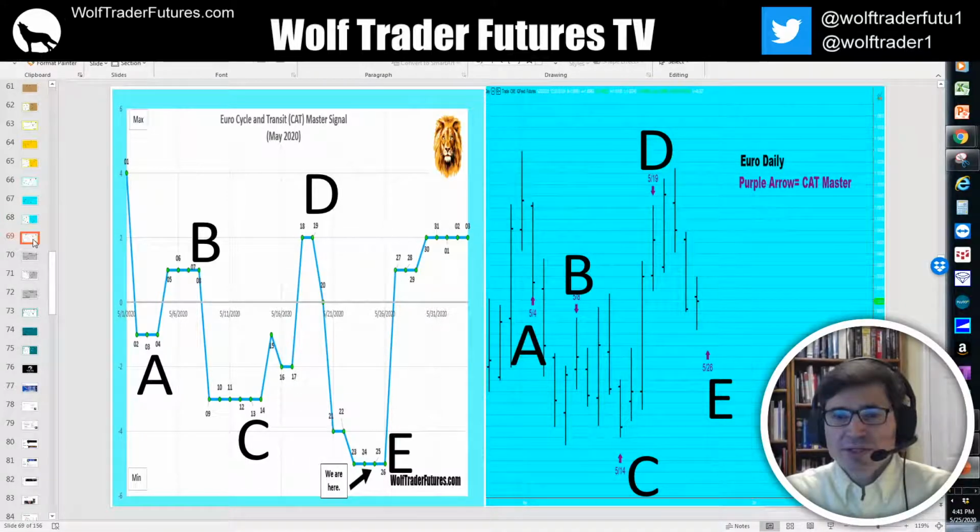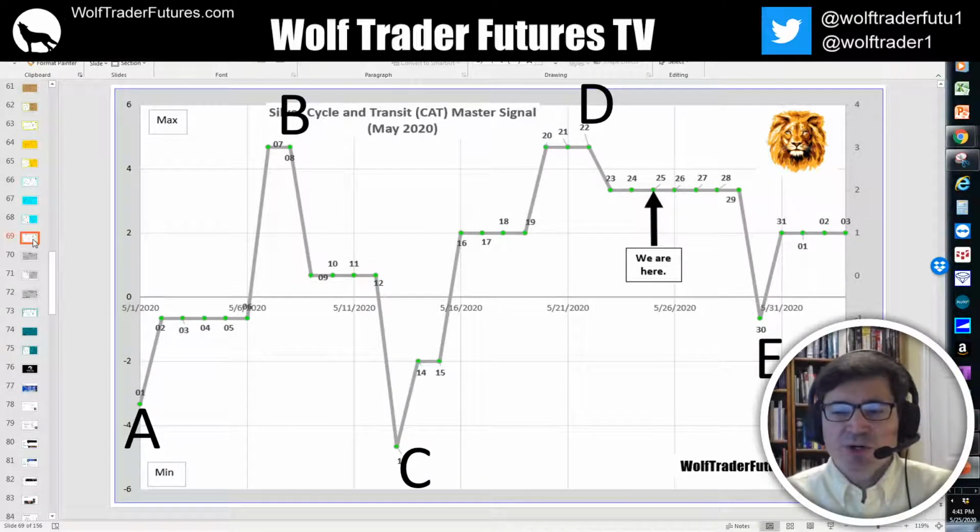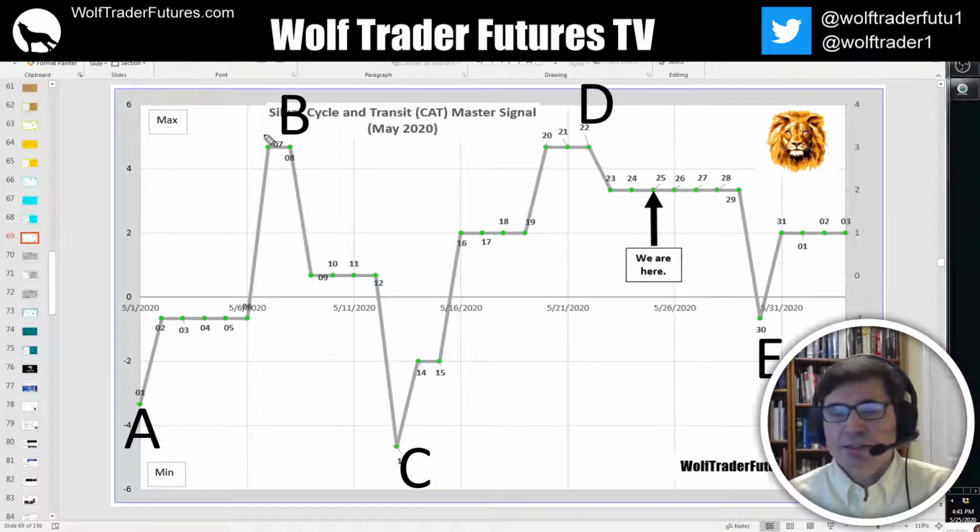All right, so let's talk about silver, because this one was important: it actually turned a day early. Silver started out the month at a low here at A on the 1st, and then it went up into a buy on the 8th.